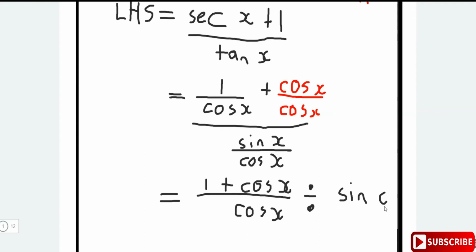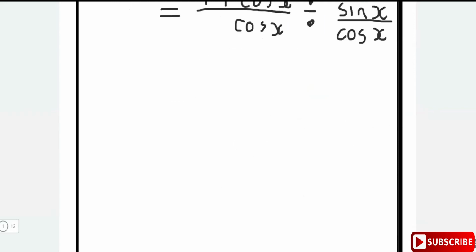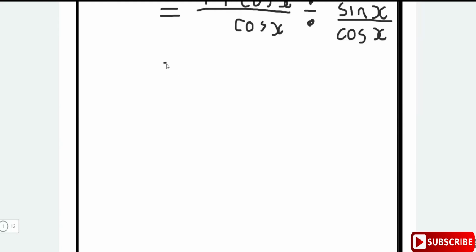Now we know that when you're dividing, we should change the division sign to multiplication and reciprocate.